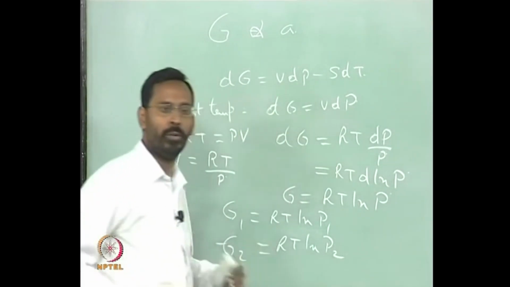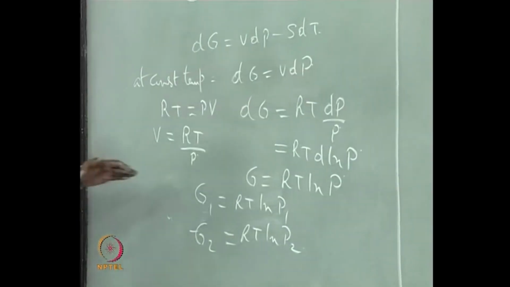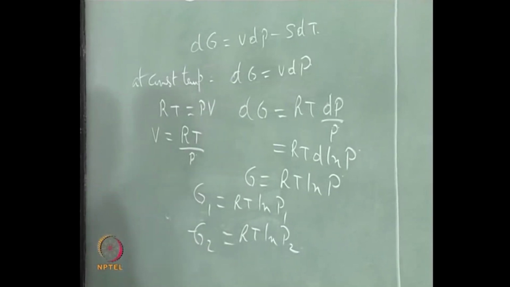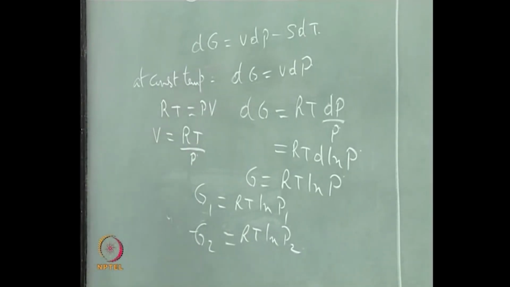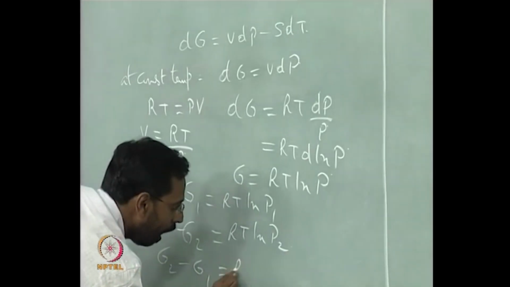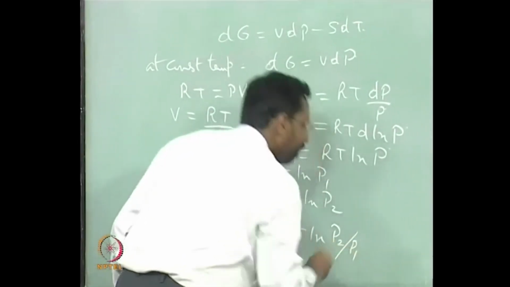So whenever you want to look at differences in the free energy at various pressures, you can simply take G2 minus G1 is equal to RT ln P2 by P1.